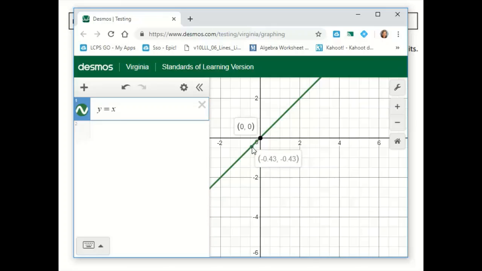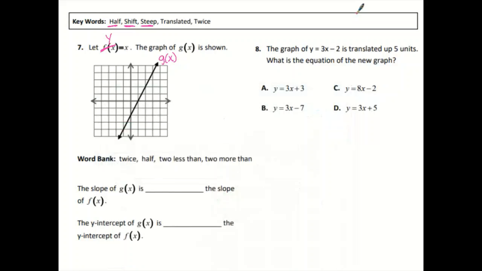Here, this should be -1, -1. So we have some points there that can help us out. I'm going to plot some of those points to help create an f of x line. There's my f of x. So f of x is there.